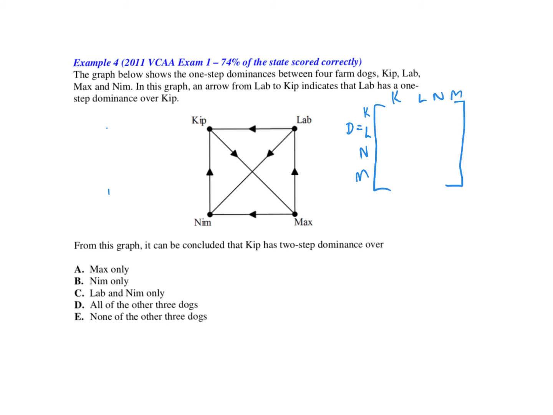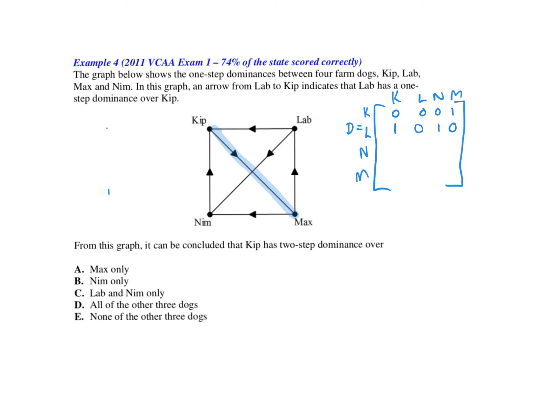Okay, and I'm going to fill that in. If I look at Kip, Kip can win against Max only. So Kip, Max, the rest 0. If I look at Lab, Lab beats only Kip and Nim.